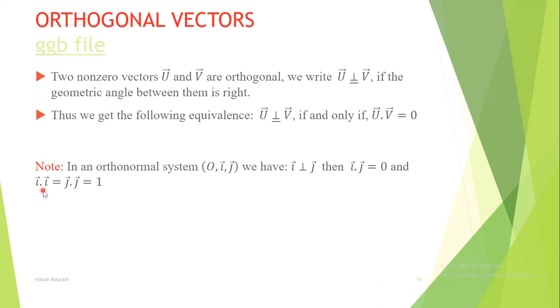As you know, from the previous particular case, u dot u is magnitude of u square, and here i dot i is magnitude of i square. And as you know, it's an orthonormal system, and the magnitude of i is 1 unit, magnitude of j is also 1 unit. For this reason, we directly can notice that i dot i is 1 and j dot j is also 1, since magnitude of j is 1, and 1 square is also 1. Okay, that's it.